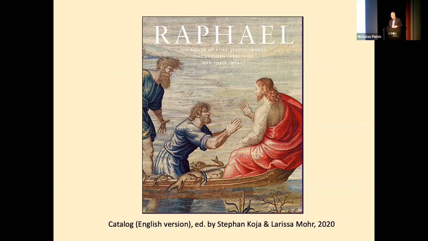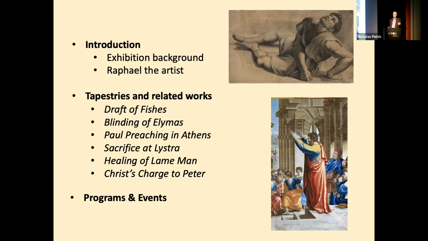There's both a German and an English catalog. And it's available in the museum shop, but it's very complete. It has a lot of scholarly information and beautiful color illustrations of all the tapestries in the exhibition and the cartoons and related works. And this exhibition is not exactly the same as an exhibition held in 2020, but very similar in Dresden that I'll explain in a minute.